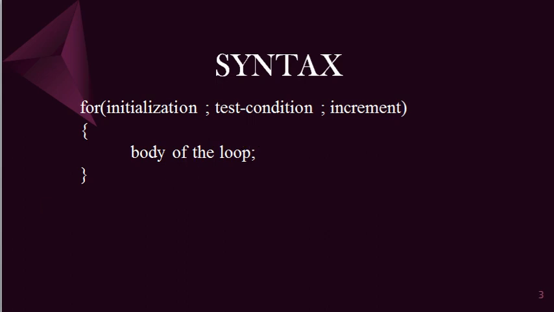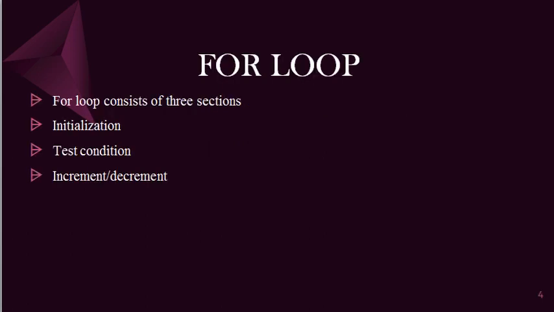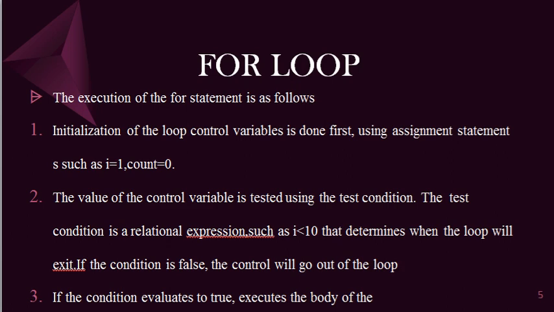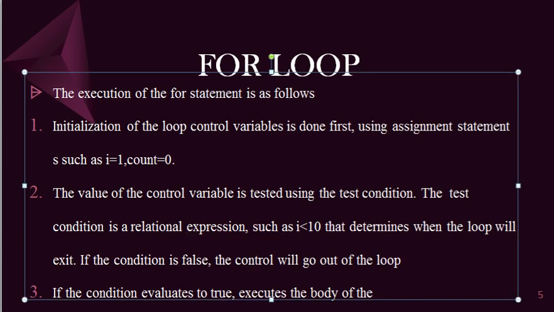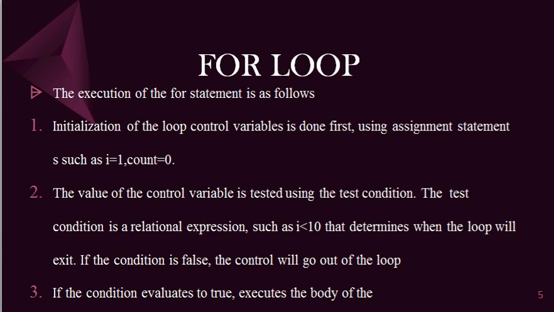Then we can see each section of this for loop syntax. The first one is the initialization section, the next one is the test condition, then increment or decrement. The execution is as follows. In the initialization section, initialization of the loop control variable is done first.